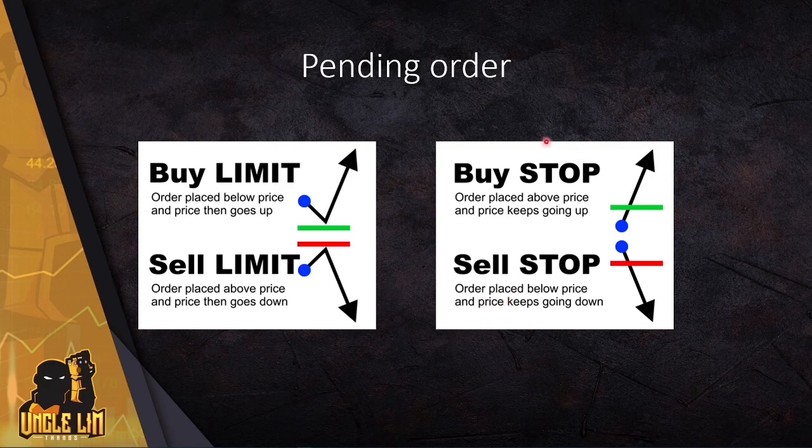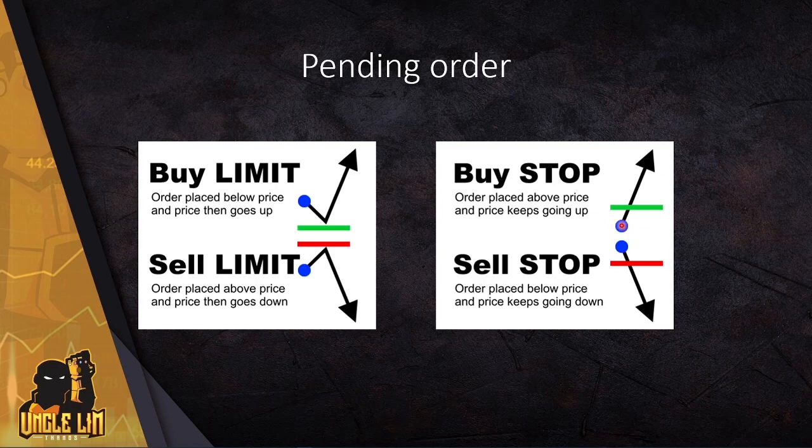And next we are going to buy stop and sell stop. Uncle rarely uses buy stop and sell stop, maybe only once in 100 trades. So buy stop is an order placed above the price, and the price keeps going up. For example, this is your price.